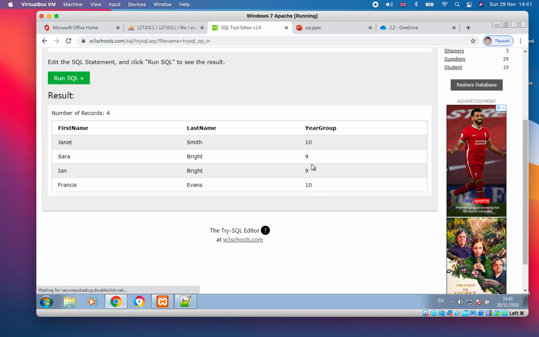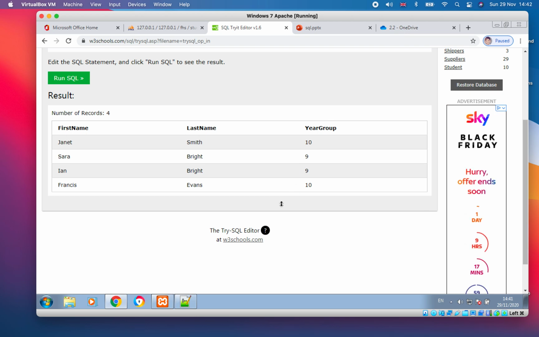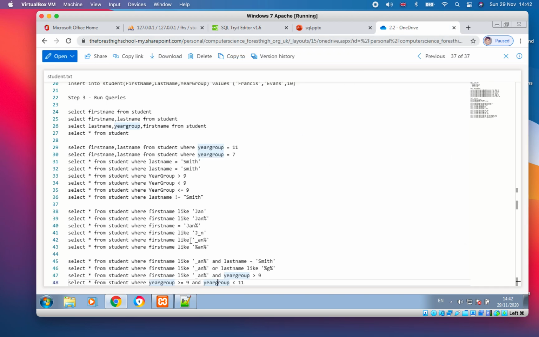Only those in year 9 and year 10. And we use the AND condition there, the logical operator AND. So both must be true. So it was true that anybody in year 9 was definitely less than 11. Anybody in year 10 was definitely less than 11. So both are true.